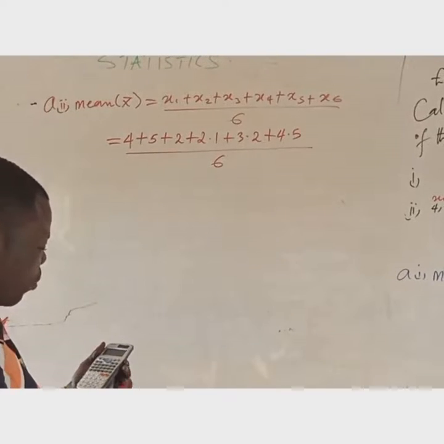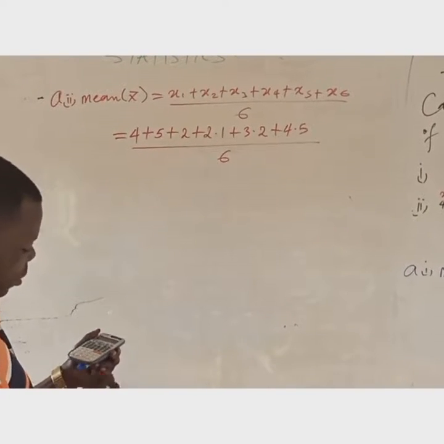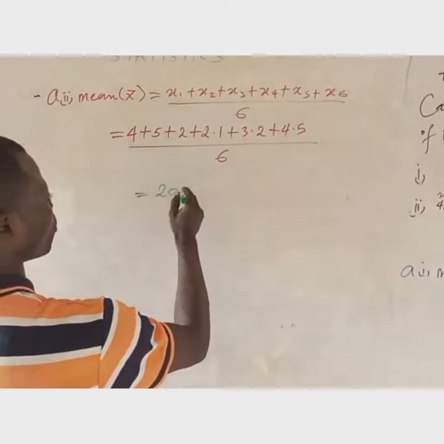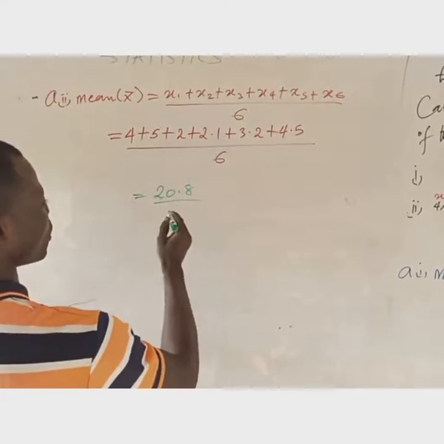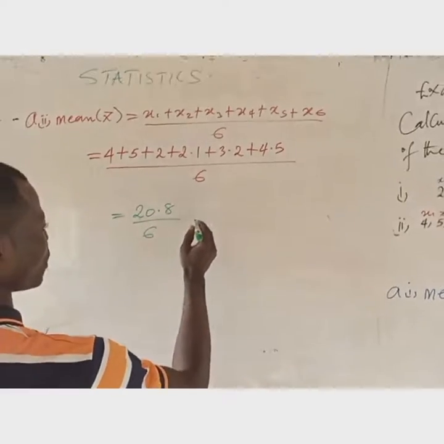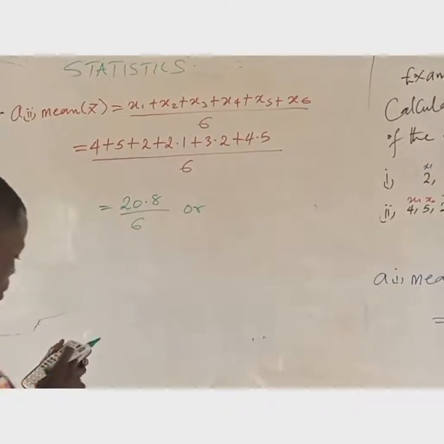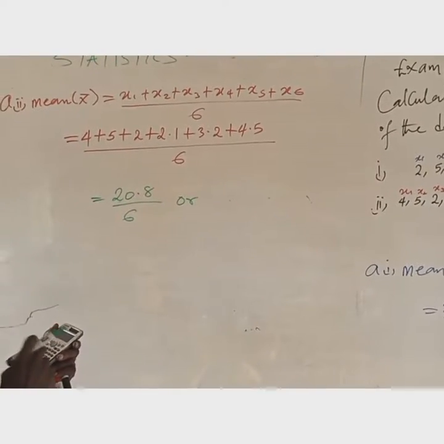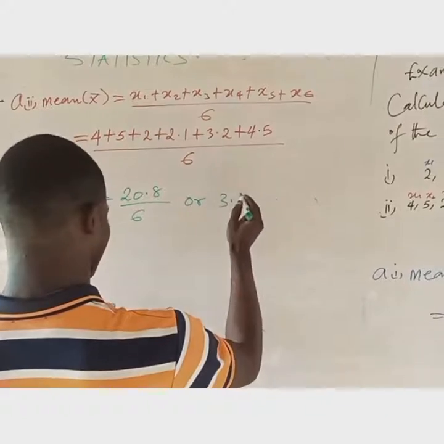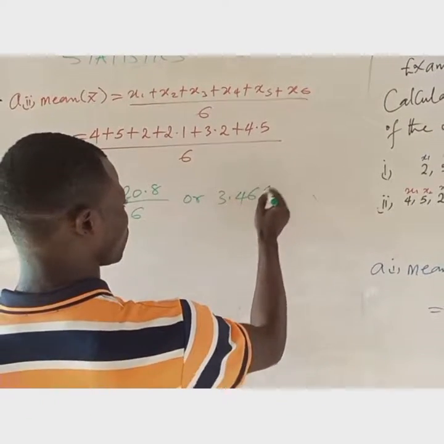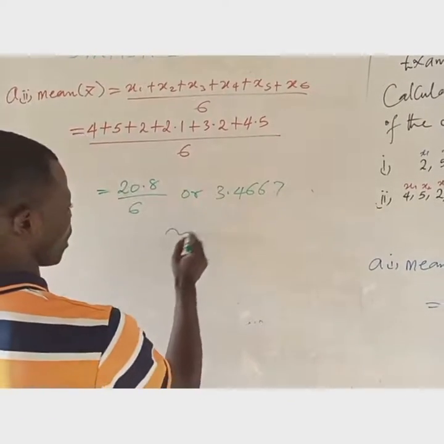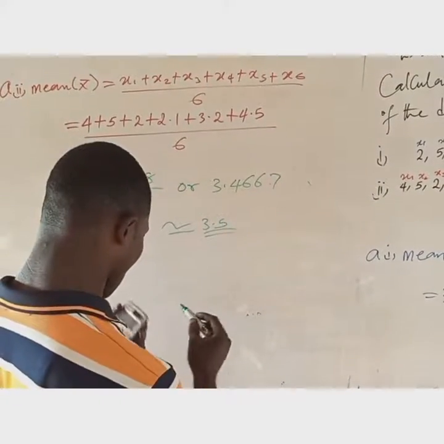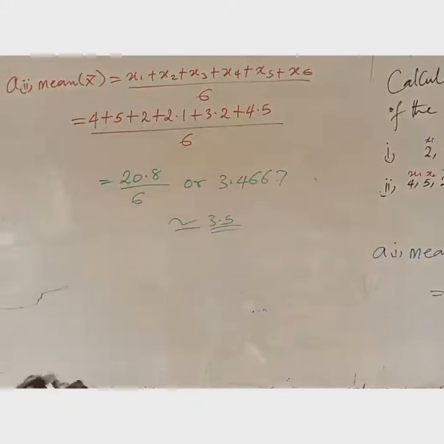So it's going to be 20.8. 20.8 all over 6. When we divide by 6, we are going to have 3.4667. So we can approximate it to 3.5. So this is our mean.